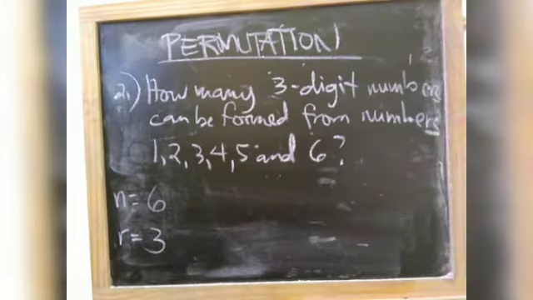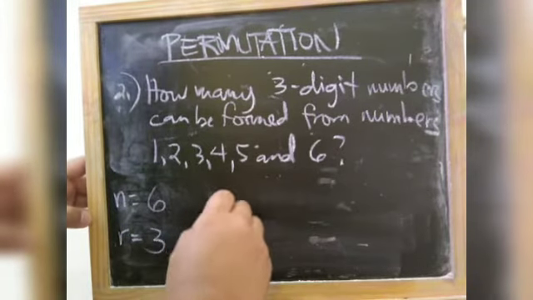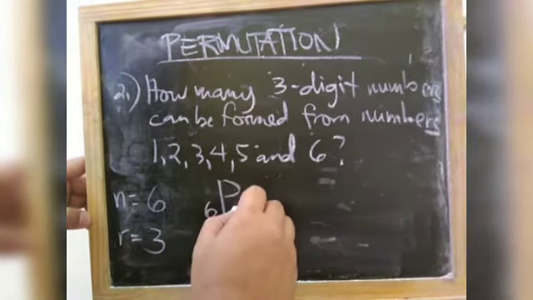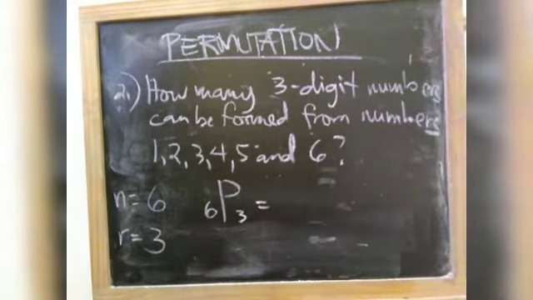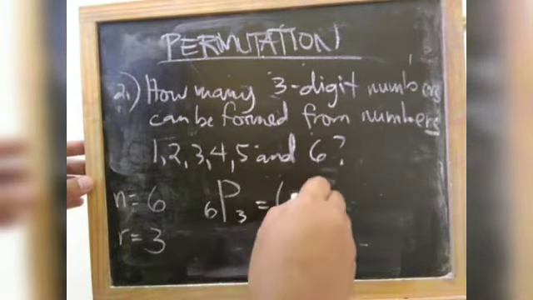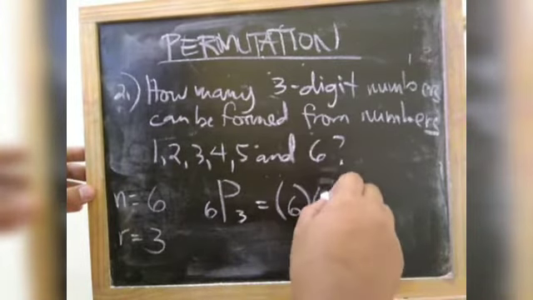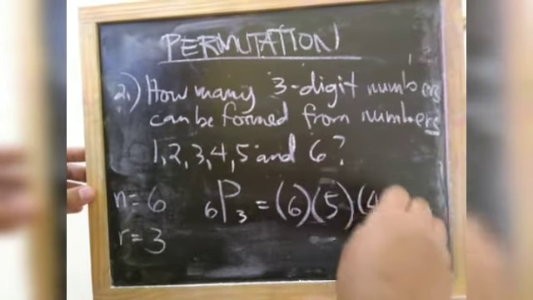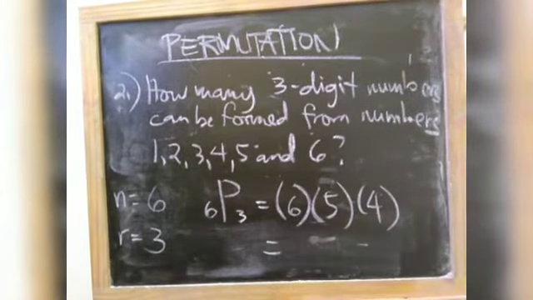So, by permutation, that would be 6 permutation 3. Hindi na natin hahabaan yung formula. From 6, ilan na ang kailangan natin? 3. So, 6 times 5 times 4. Okay na yan.